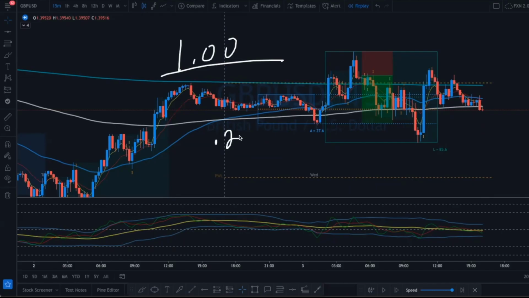Let's say take a 0.25 instead. Now you've knocked off significant risk off of your trade.